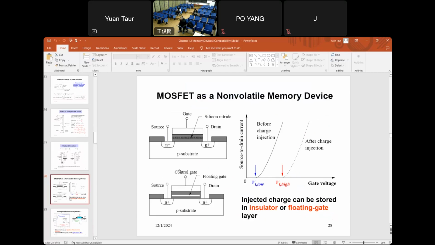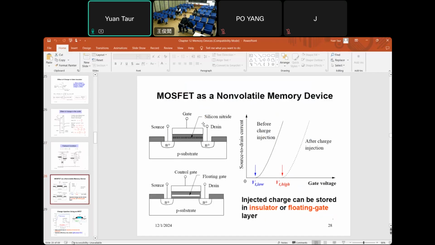And so this shows that on the left side is the non-volatile memory cell. It has something in the gate oxide, either a silicon nitride or a floating gate.